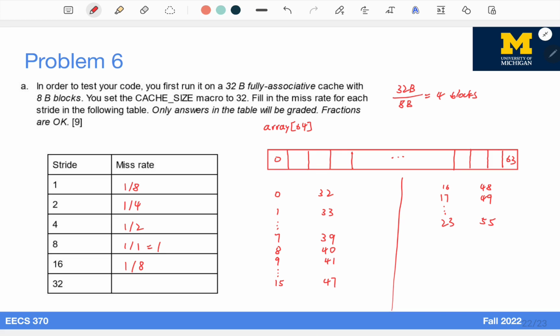And finally, we will have a last group starting at 24, coming with an access to 56, and then 25, 57, and so on, until 31 and 63.